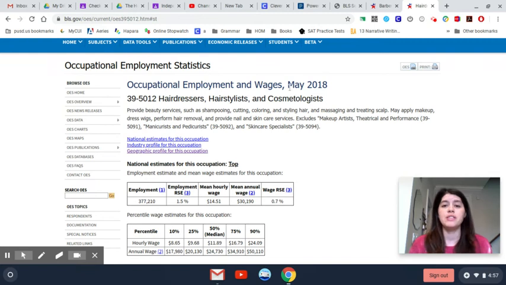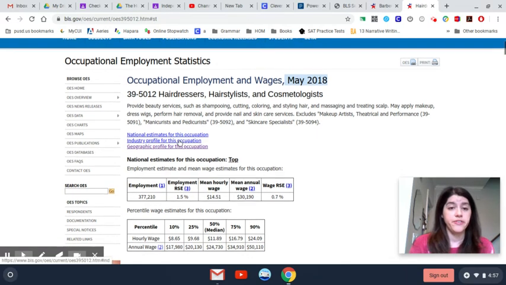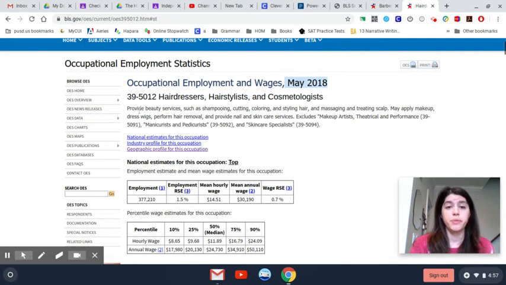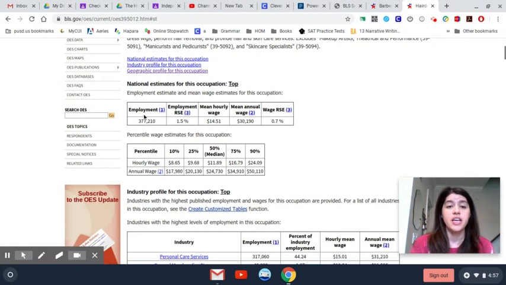If you notice, this is the information from May 2018. This is the most recent information that they have. If you come down, there's a whole lot. Basically, I can see here that there are 377,210 employed cosmetologists and hairstylists in the country.